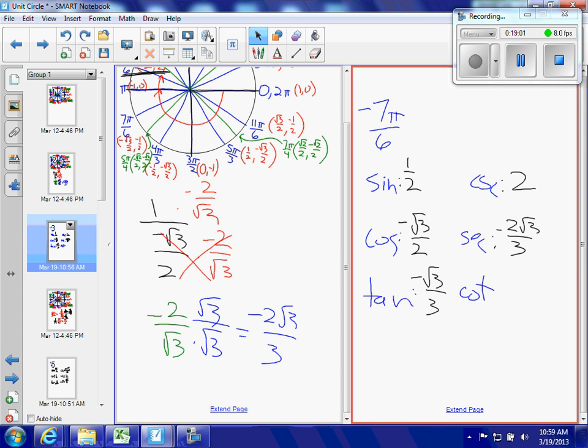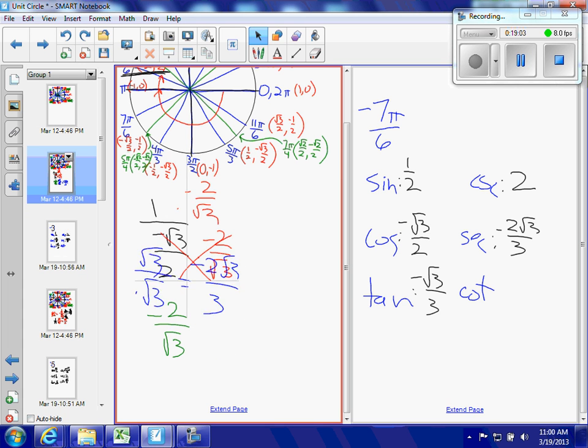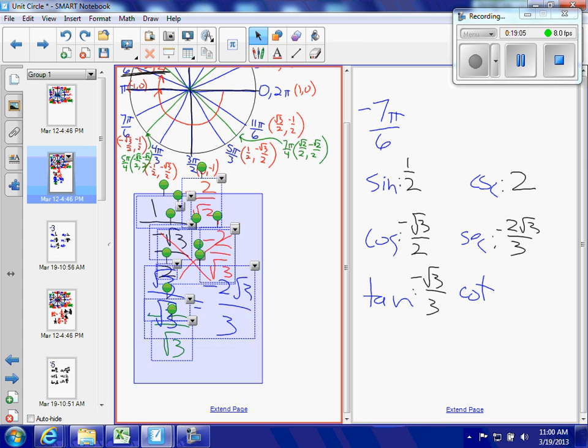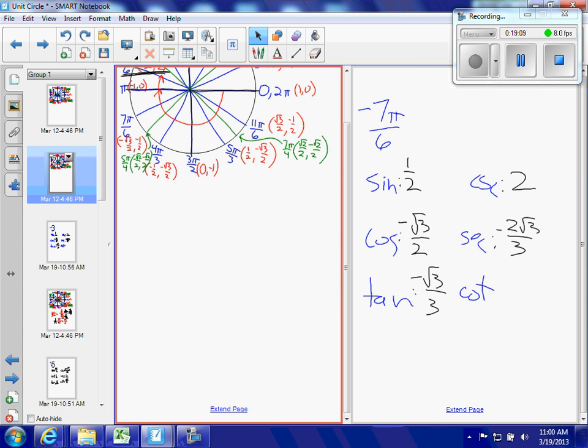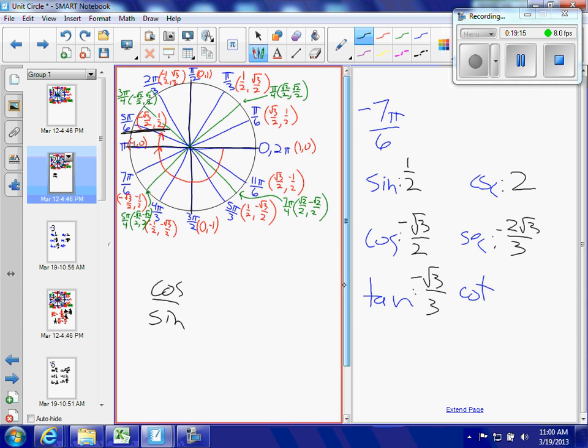And finally, cotangent. Cotangent is going to be cosine over sine. Come back and take a look at my unit circle. My cosine, or I could have looked over here at my chart. My cosine is negative radical 3 over 2 divided by 1/2.